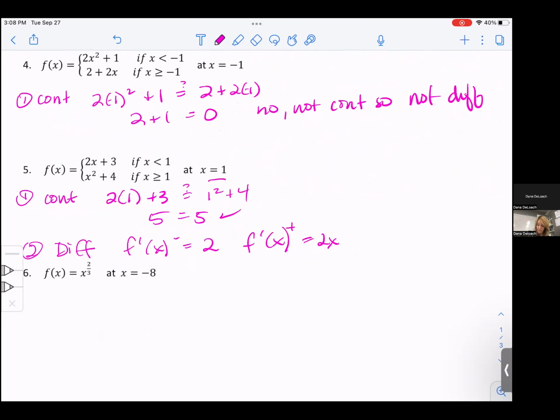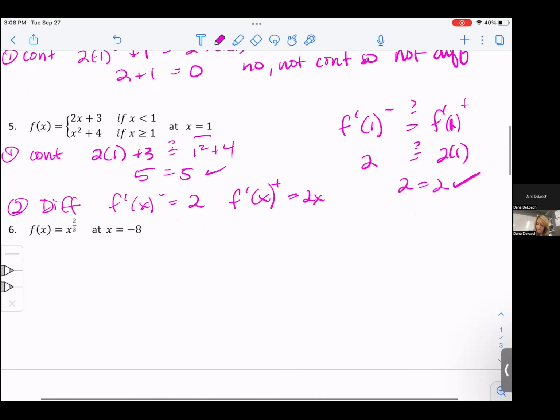So then I'm going to check at 1. f prime of 1 from the left is going to equal 2. Does that equal f prime of 1 from the right? Does that equal 2 times 1? 2 equals 2? Yes. So yes, continuous. Yes, differentiable.